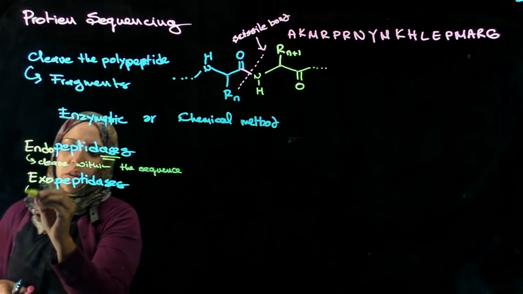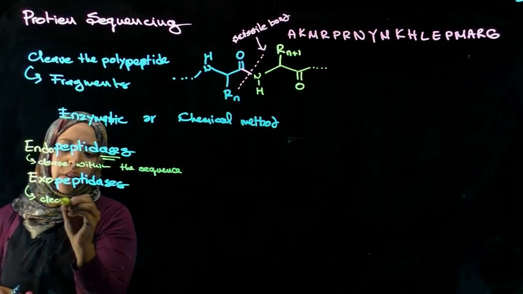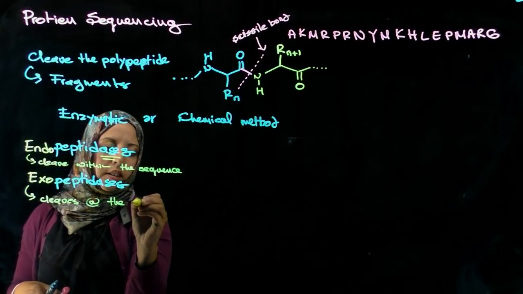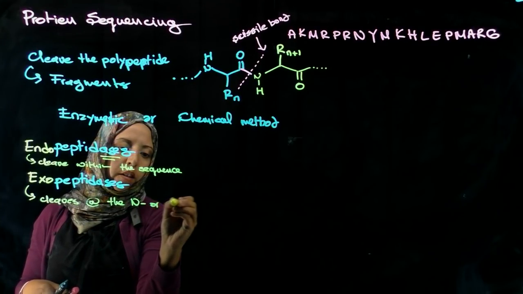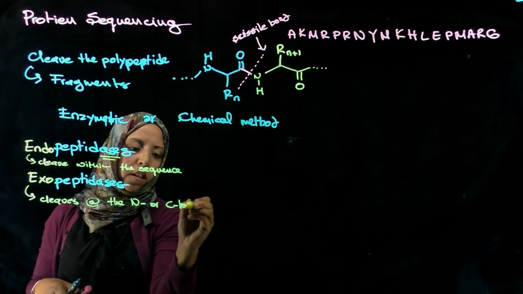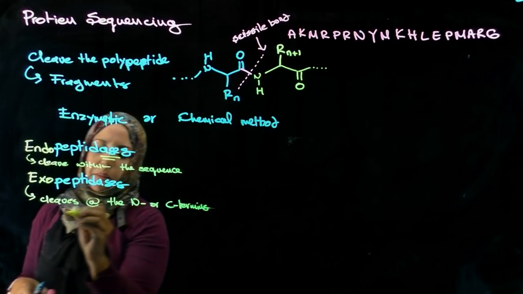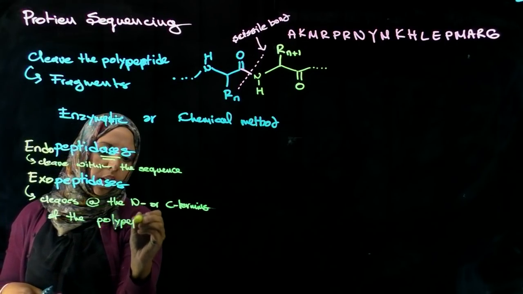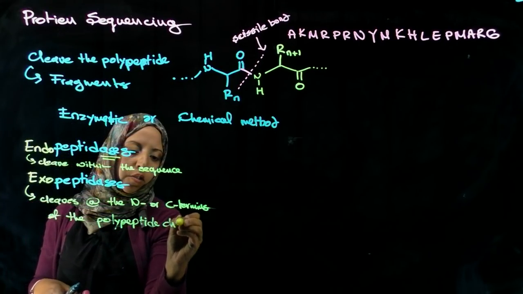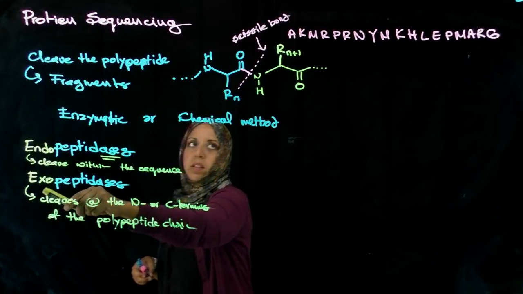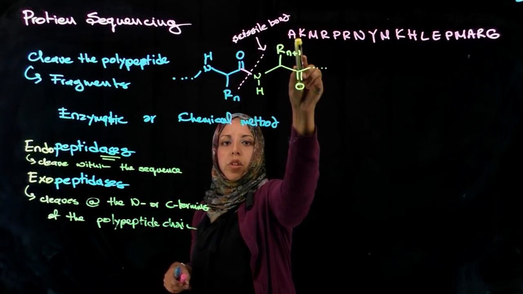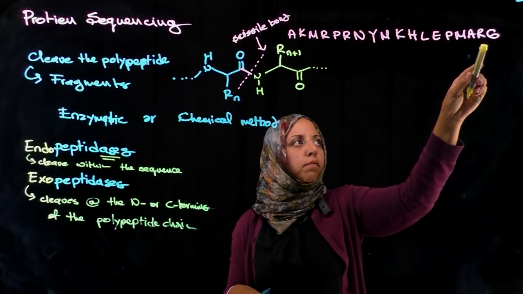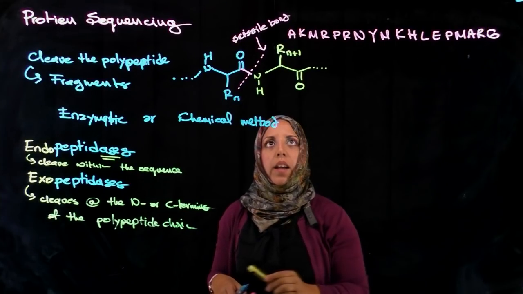whereas exopeptidases specifically cleave at the N or the C terminus of the polypeptide chain. Meaning if you're using an exopeptidase, it would simply cleave right at the N terminus, that first peptide bond, or right at the C terminus, at the end of the peptide.